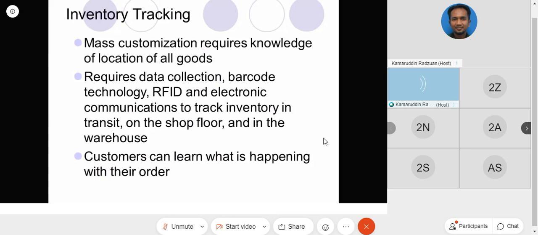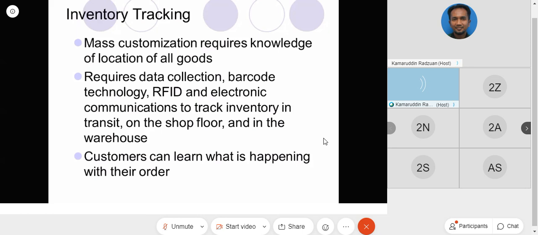the good thing about the implementation of e-commerce is that we can do inventory tracking. We can do the inventory tracking from the application of e-commerce. We can have data about all the goods that we have, their location and quantity.